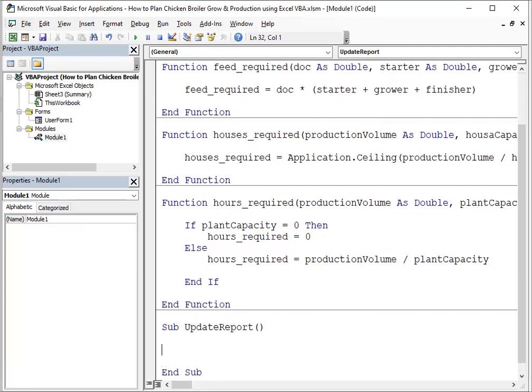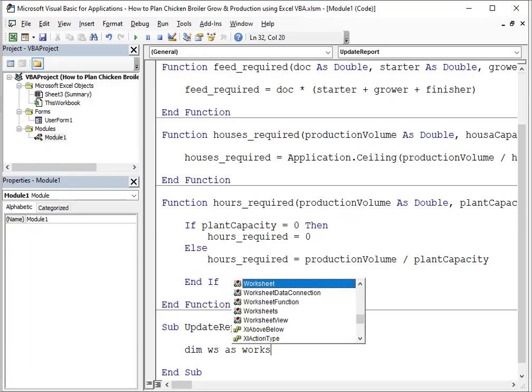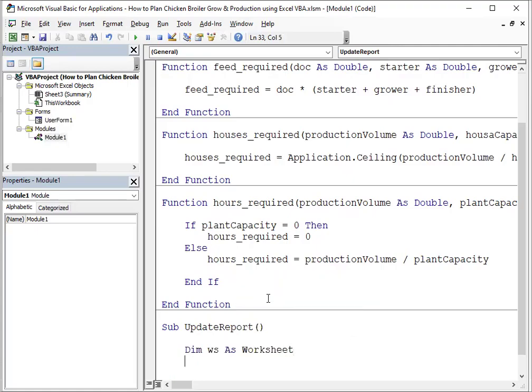Now I'm going to declare all the variables. So I'm going to say Dim WS, the worksheet, As Worksheet. Then right away, I'm going to set WS equals ThisWorkbook.Sheets.